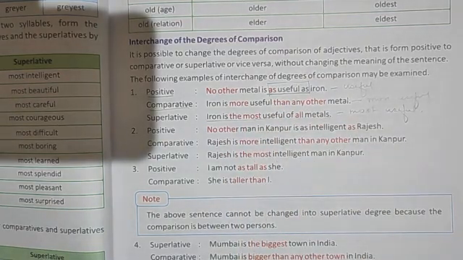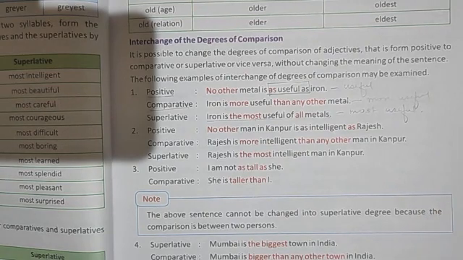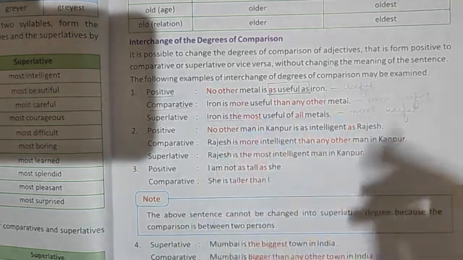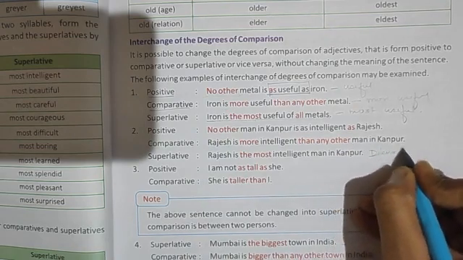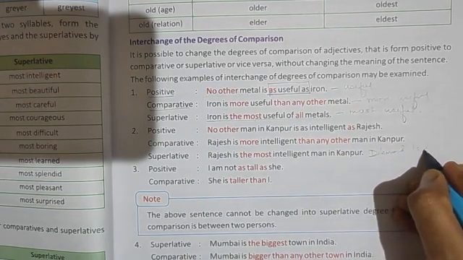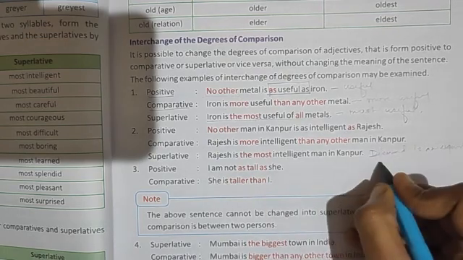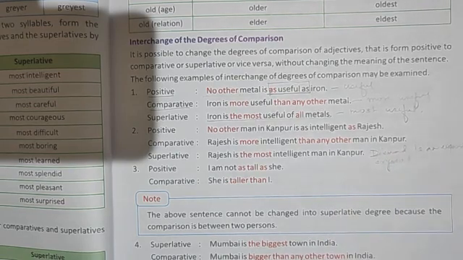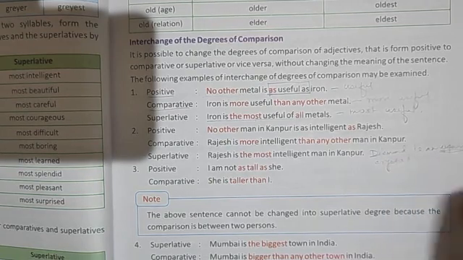For example, I can say iron is a useful metal. Okay. But if I am using no other, I can change it into comparative. For example, if I say diamond is an expensive crystal. See, expensive, this is my adjective.